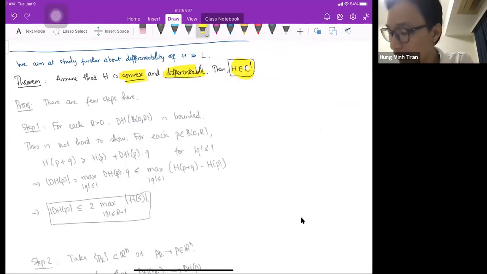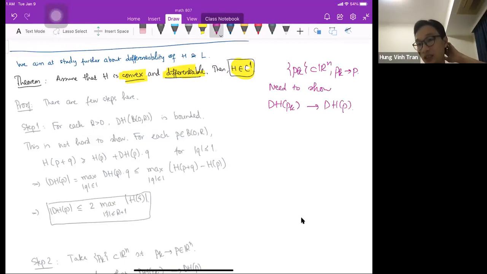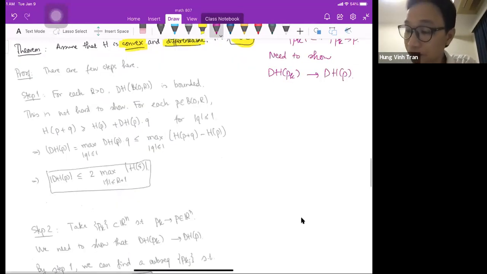We just prove that if I have a sequence p_k in R^n so that p_k converges to p, then we need to show that the gradient dH at p_k converges to the gradient dH at p. Just a typical definition of continuity of the derivative. I'm not using anything magical here.